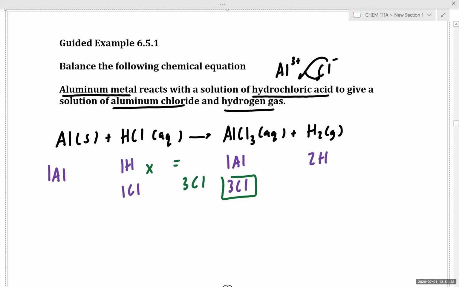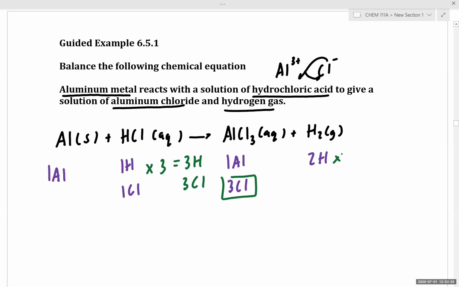And let's try to get a few responses in the chat. 3, yep. So that in turn gives us 3 hydrogens and 3 chlorines. So now that I have chlorine balanced, I'm going to look at hydrogen.